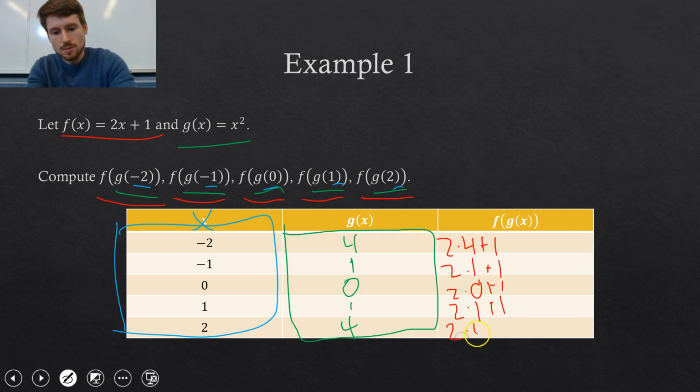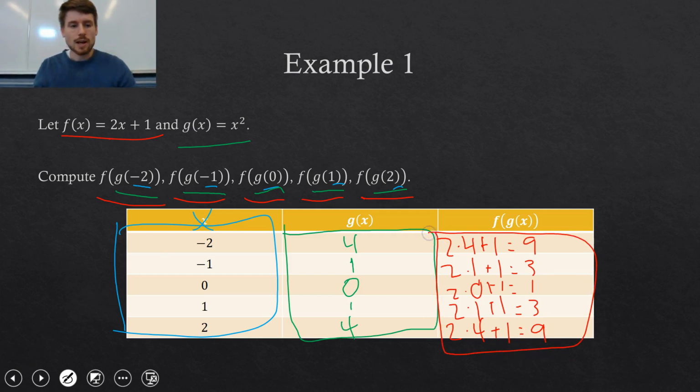And then lastly 2 times 4, and then plus 1. And so those would be all of our answers. This is going to be 9, 3, 1, 3, and then 9. Okay? So these all come from applying f to the answers from g.